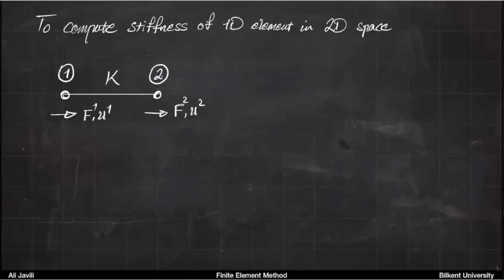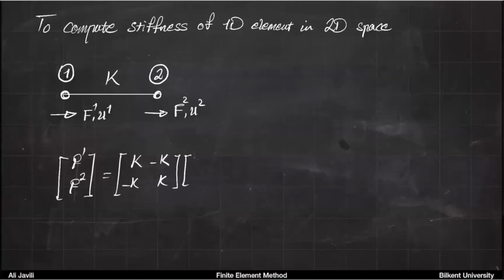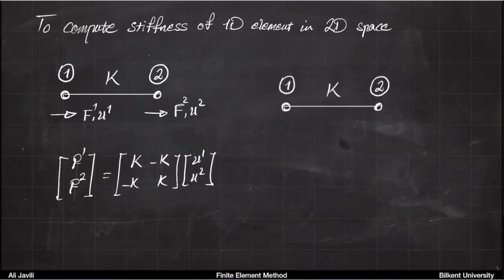Then the system of this element would be F1, F2, and then K, minus K, minus K, K. That's what we started this lecture with. So this is perfectly fine. Now, I'm going to take the same member and duplicate it here.